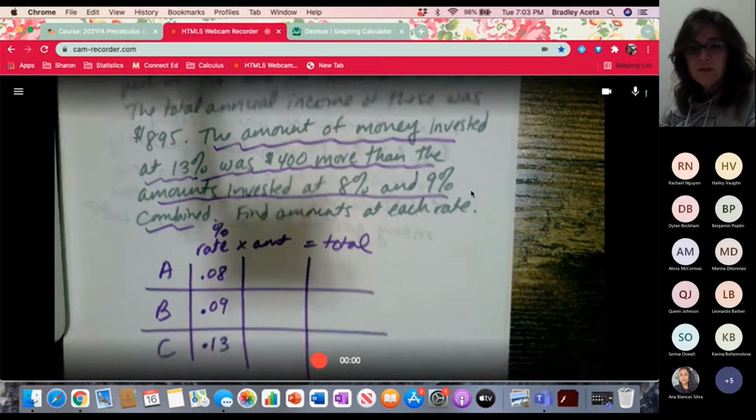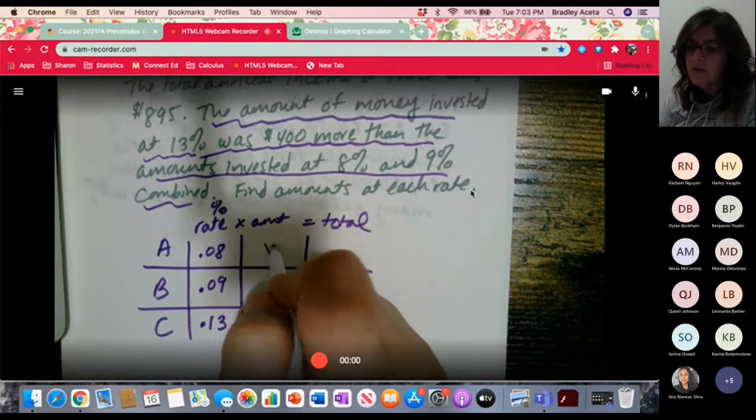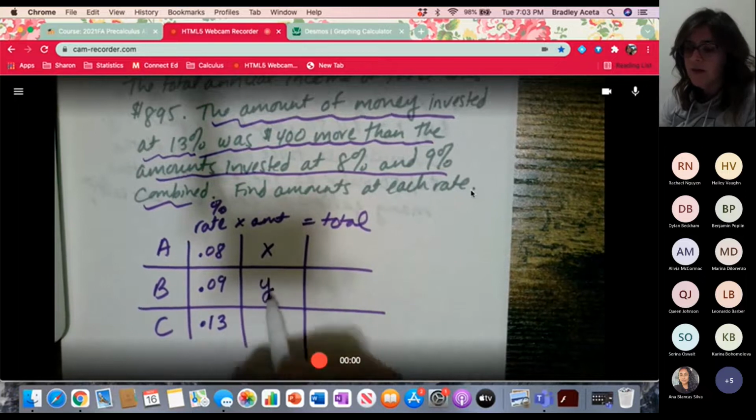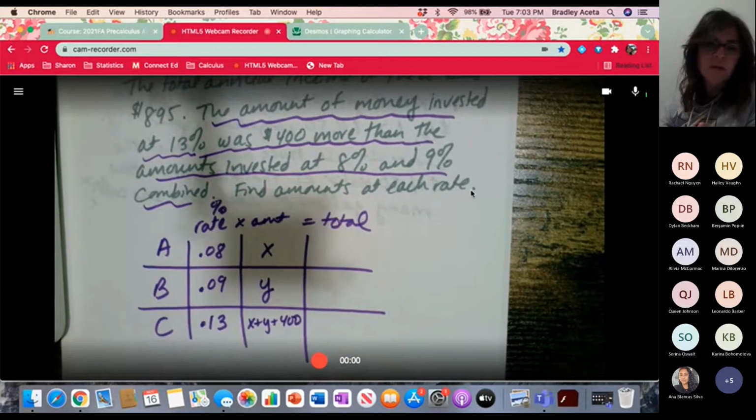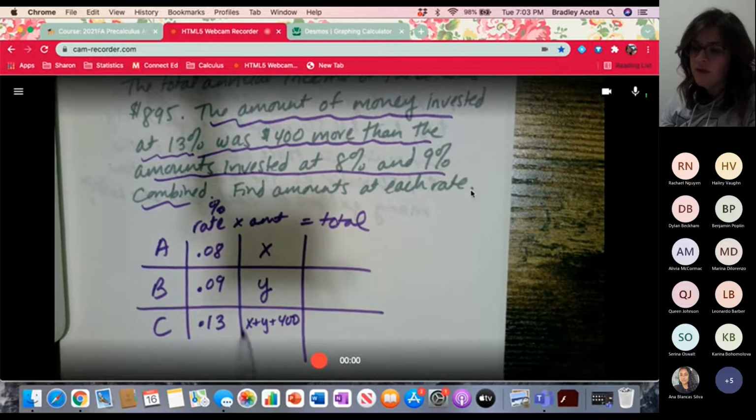So a way to do this would be to call this amount X and this amount Y, and combine them together, I would have 400 more in this account. So X and Y plus another 400 would be what's in this 13% account. That's what that's saying. So that wasn't too hard, but you'll see something like that on homework tonight.